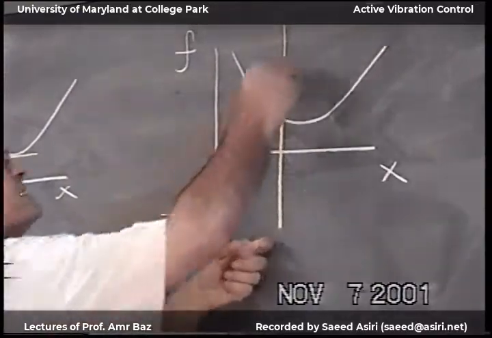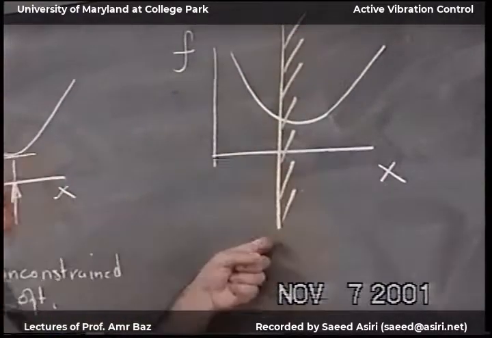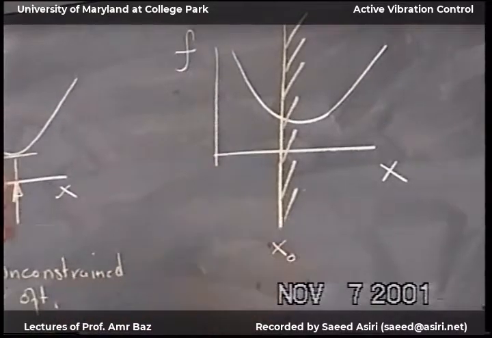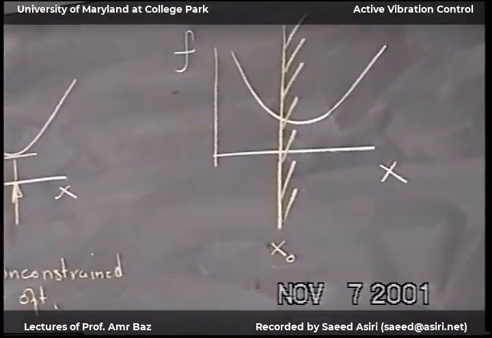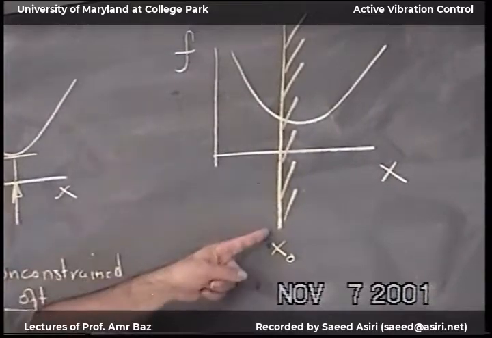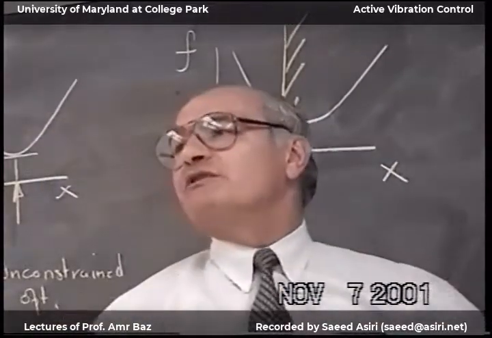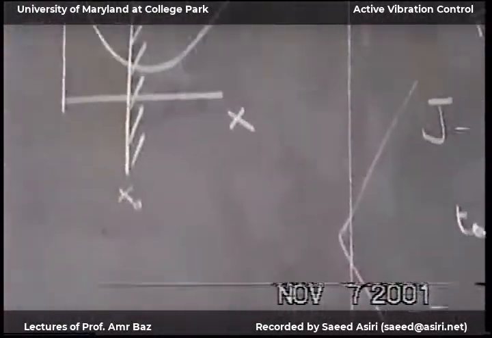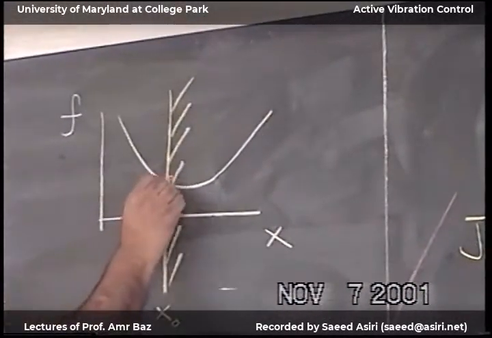So for example, I can say anything for x greater than this value, x0, is not an acceptable solution. Okay? So this can be, for example, the dynamic equation of motion. So now the minimum here is right here.